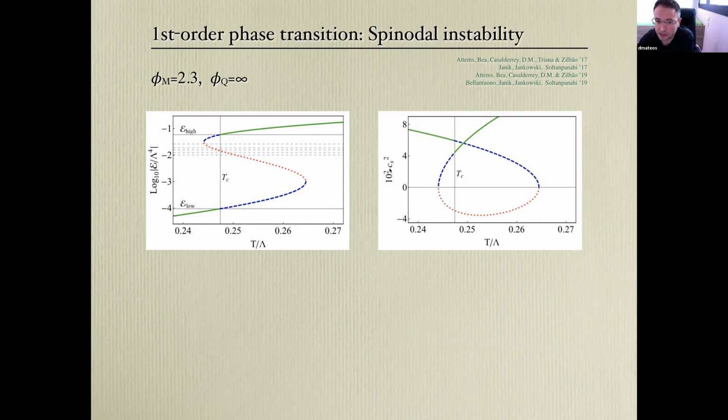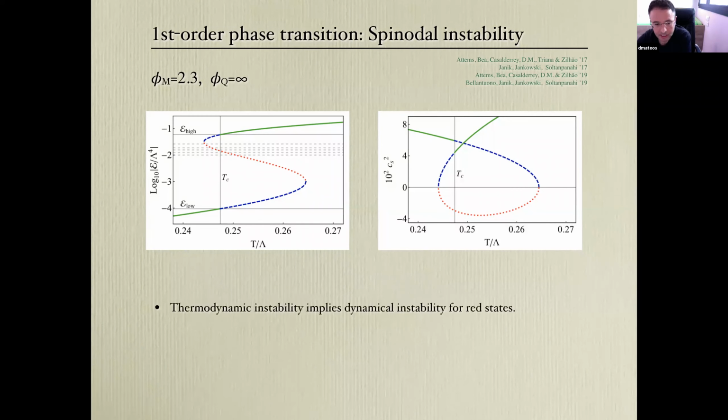And here what I'm plotting is the speed of sound squared, also as a function of temperature. So what you see is that on the green and blue branches, the speed of sound squared is positive. But on the red branch, which is the thermodynamically unstable branch, the speed of sound squared is negative.